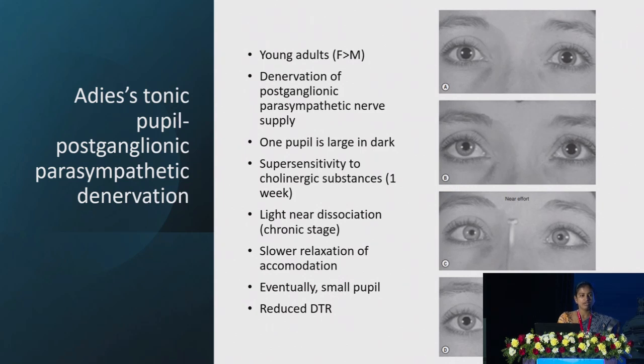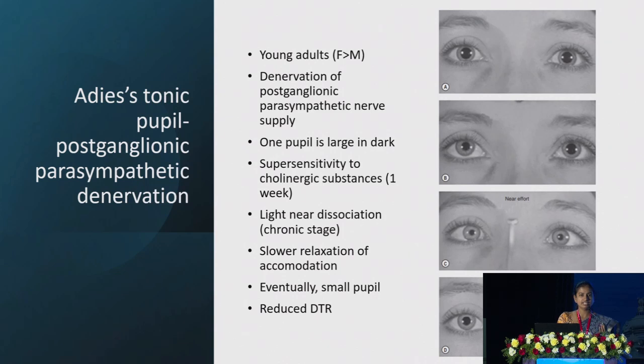Along with this, another feature of Adie's tonic pupil is light-near dissociation, meaning that when the light is put on, the pupil will not constrict. But if you try accommodation for the patient, you will see constriction of the pupil.